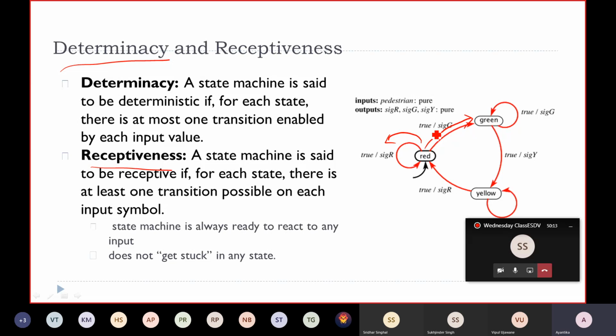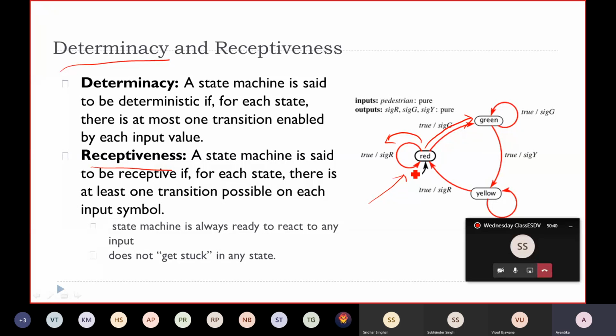To clear this ambiguity, you have to check for every state whatever transition conditions you are defining. Is that sufficient? First, you have to understand that. For that, you have to consider whatever inputs may come to that particular state.